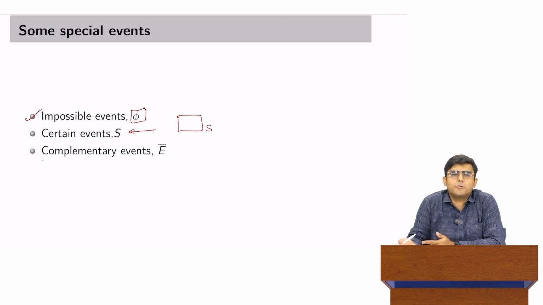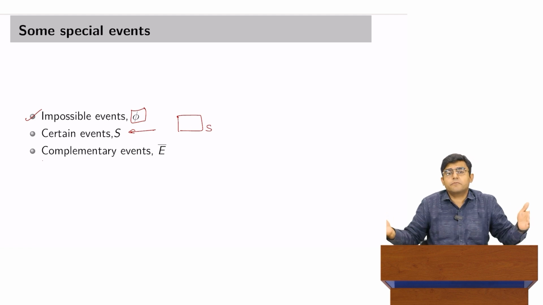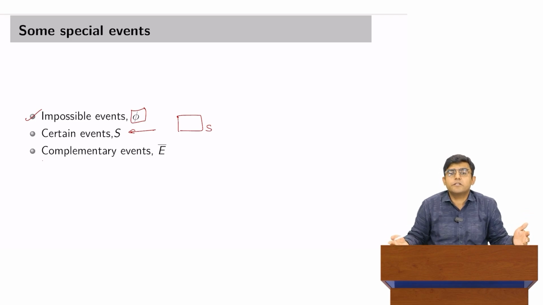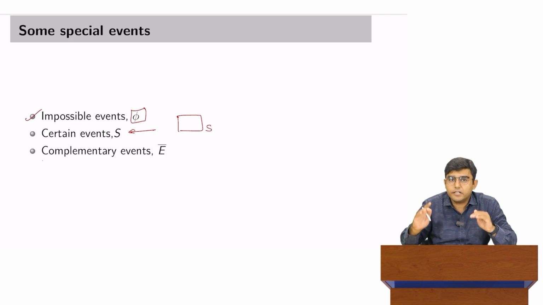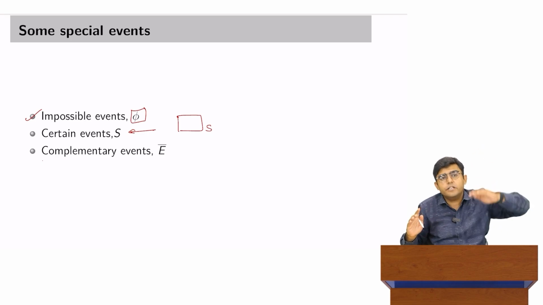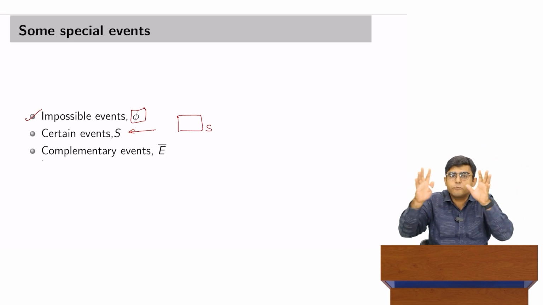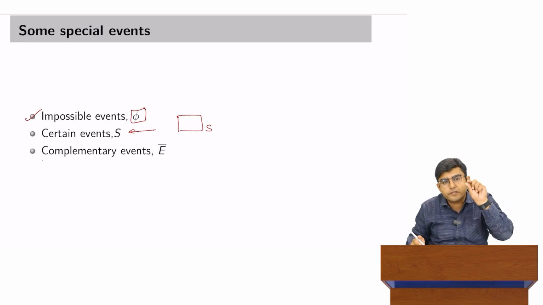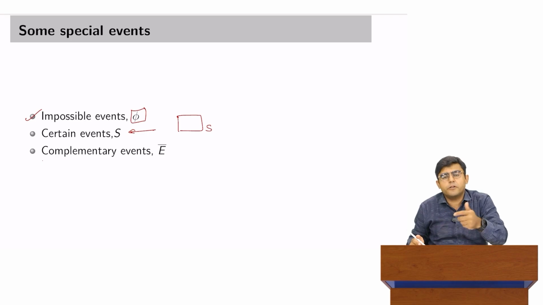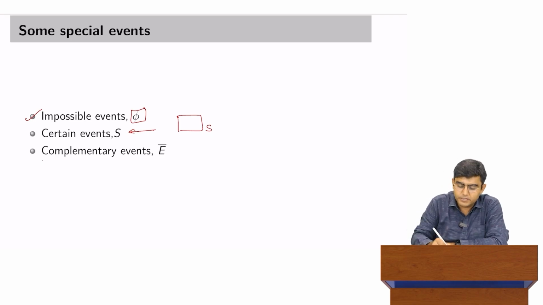Sometimes we are not excited about certain events, because if I tell you that there is a river and it can flood with probability anything between 0 to 1, there is no value in this information. But it is important to specify that 0 to infinity is my sample space, and I would be interested in further specifications of this sample space that may be of interest for me for decision making.